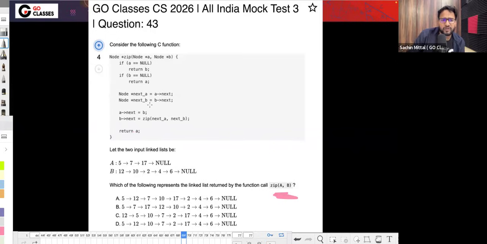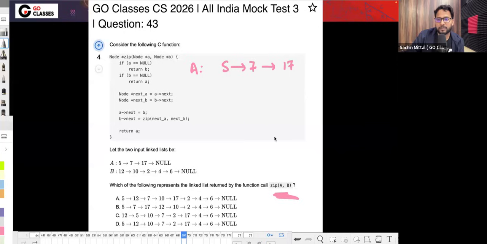Now what this function will do, it will say okay, let me just take a next and b next. Okay, so basically a is like this: 5, 7, 17 and null.